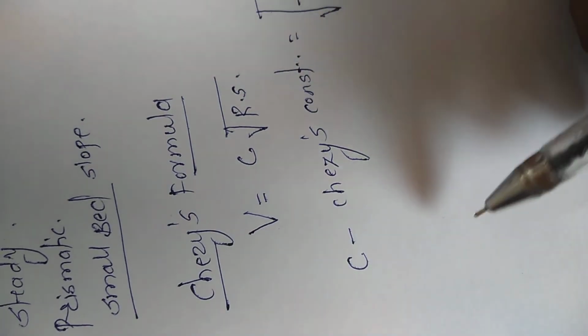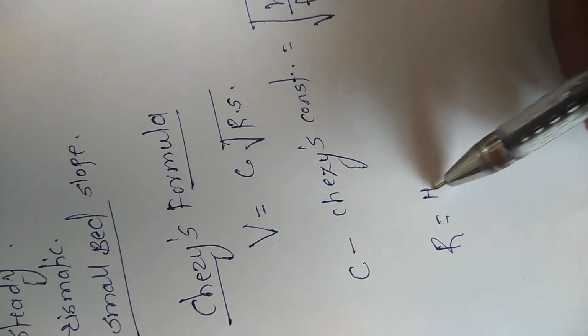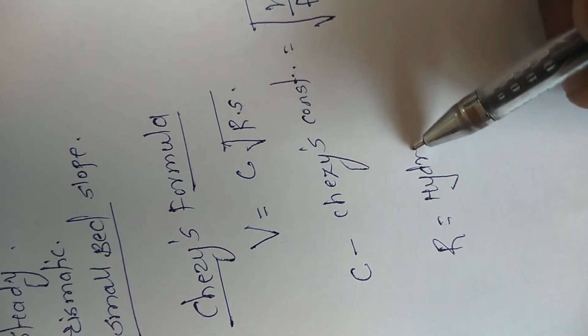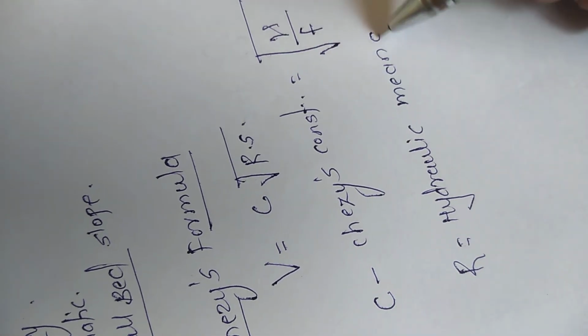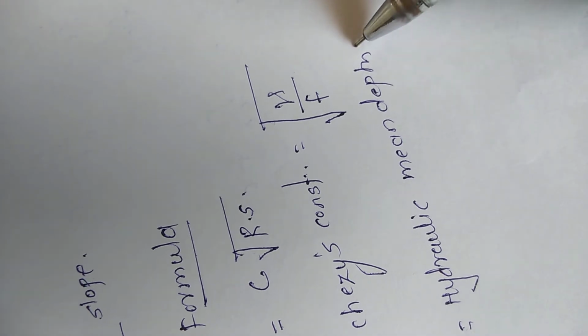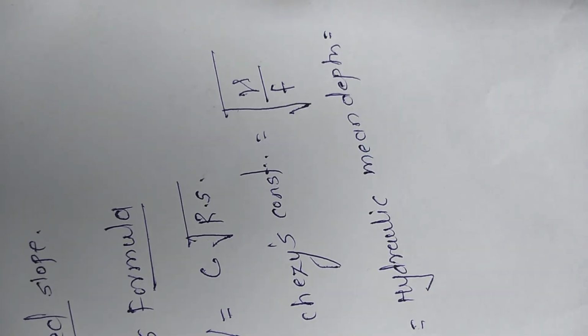Another parameter is R, the hydraulic mean depth, which we have already discussed in the first chapter or first lecture. These are the geometrical properties of the open channel flow.